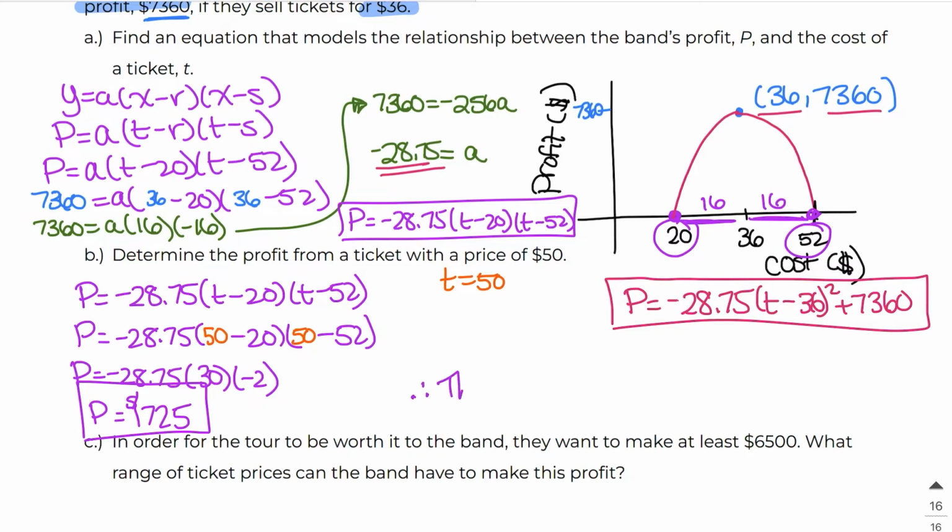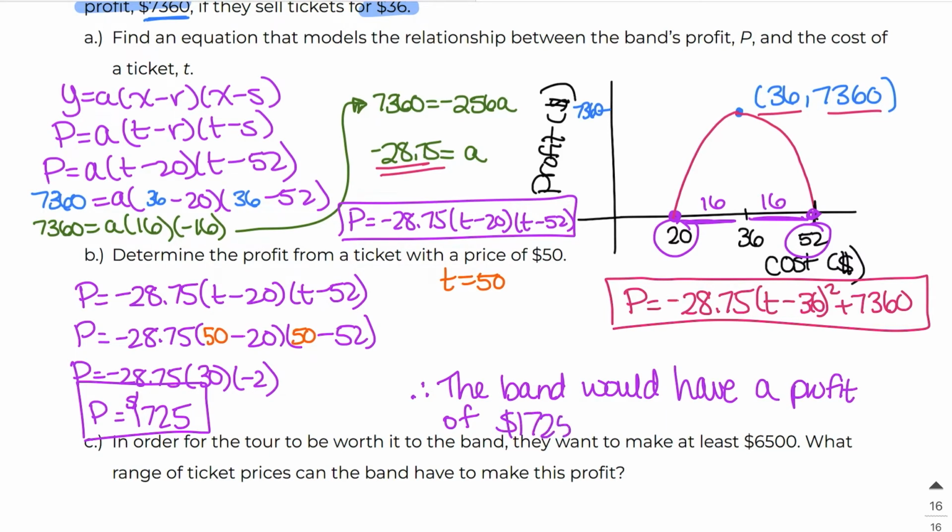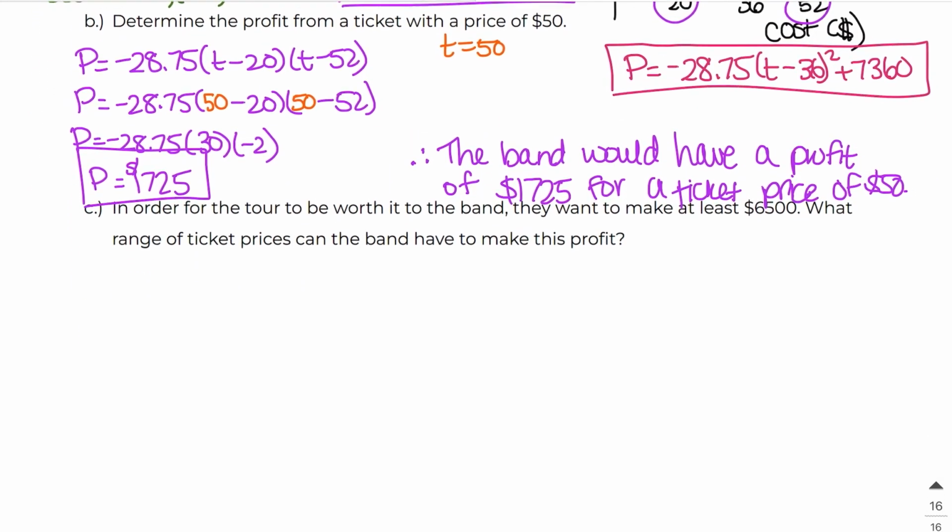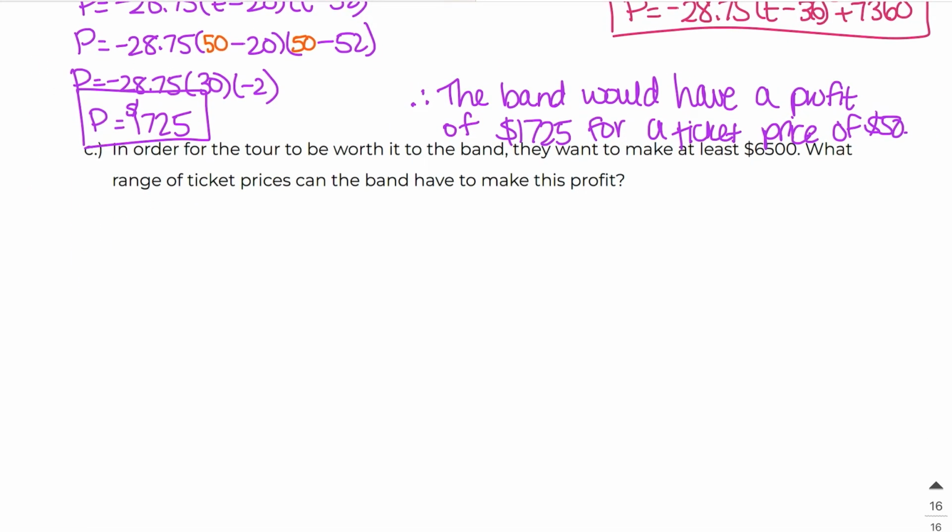So therefore, the band has a profit of 1,725 for a ticket price of $50.